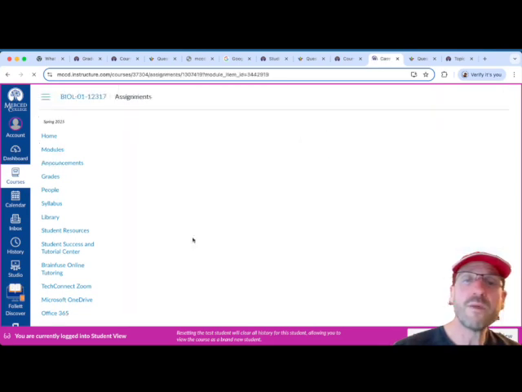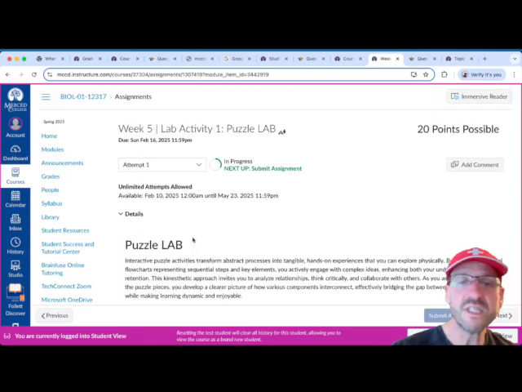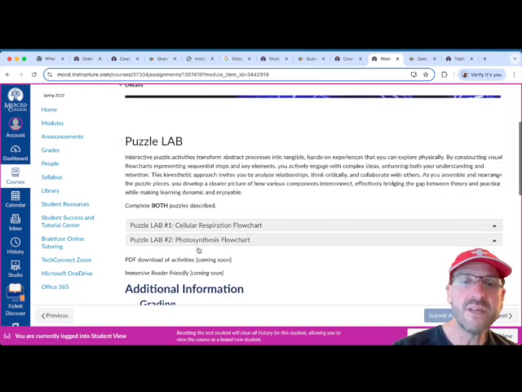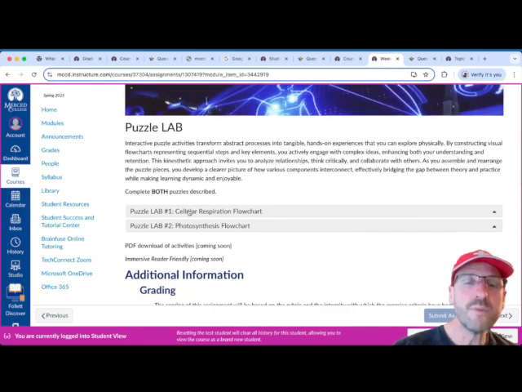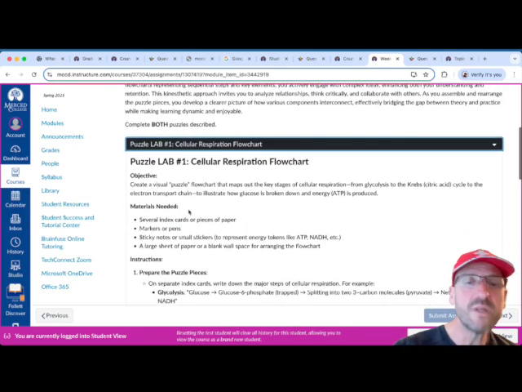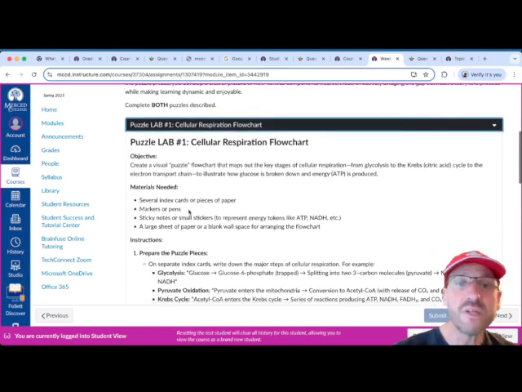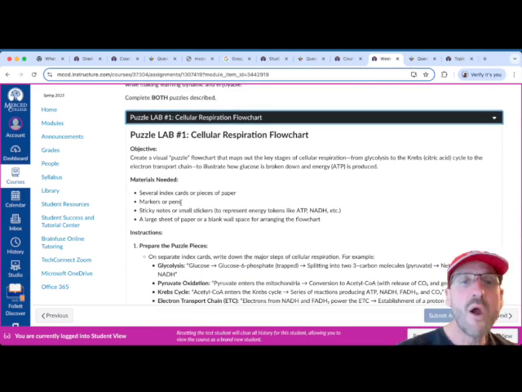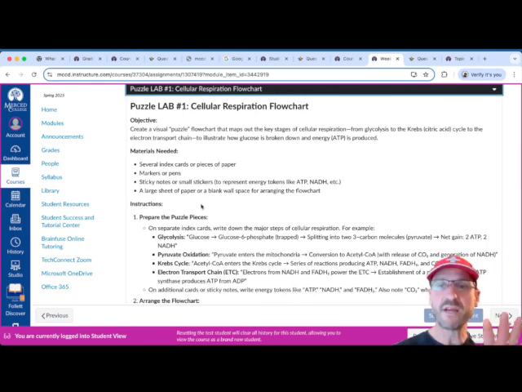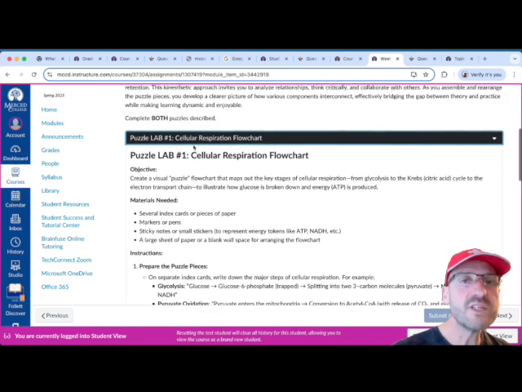The thing I was thinking about was the puzzle lab that we do this week instead of just a labeling activity. This one involves a little bit more. It's still writing things down, but instead of writing on paper, we write on index cards or pieces of paper and make a flow chart, with a little more physicality to it.